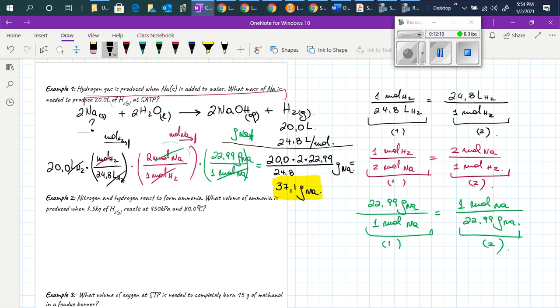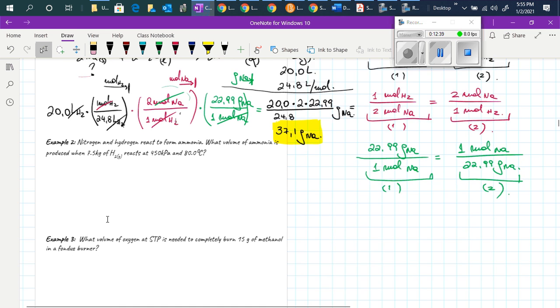So what do you do here? From known, you move to the molar volume using the molar volume ratio, and then you use the molar ratio of known and unknown, and then you convert it from moles to grams using the molar mass.